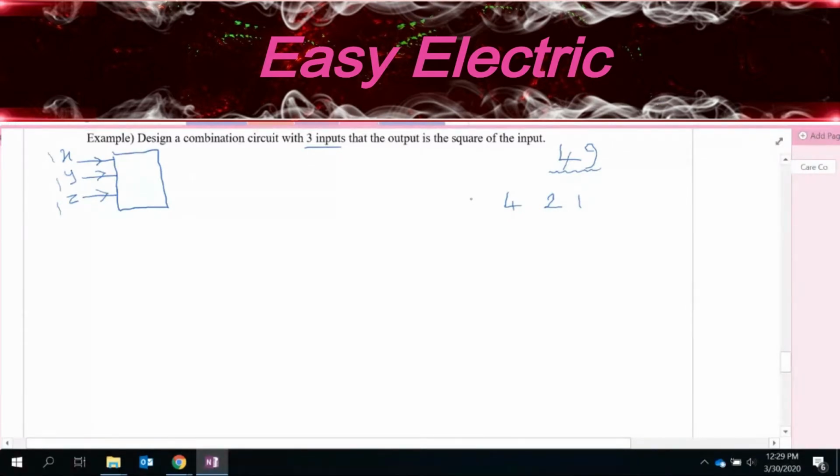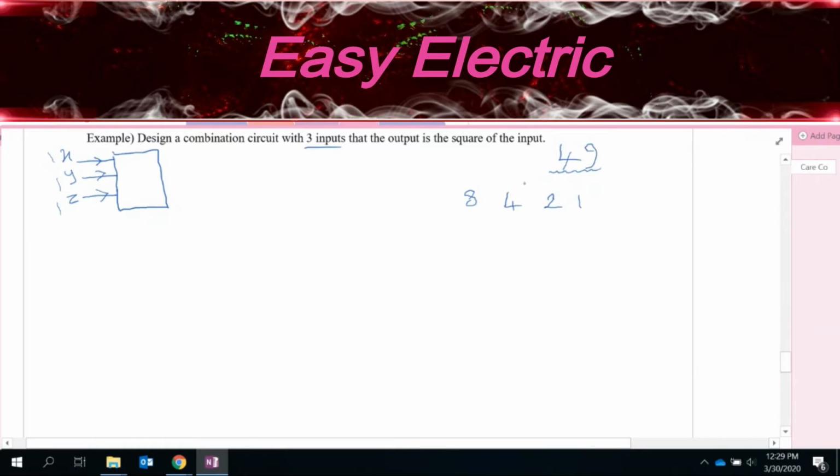What is the biggest number you could make with 4 bits? It is actually 15, that's right. So if I say the output should be 4 bits, the answer is that's wrong, because with 4 bits you couldn't represent 49, right? So you could say, okay, 1, 2, 4, 8.